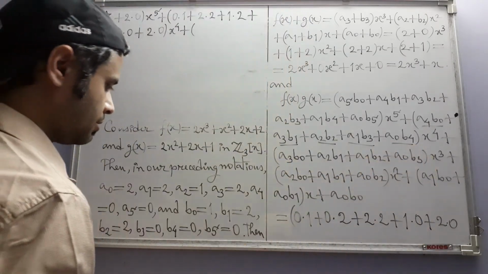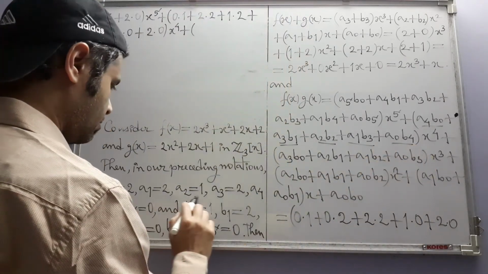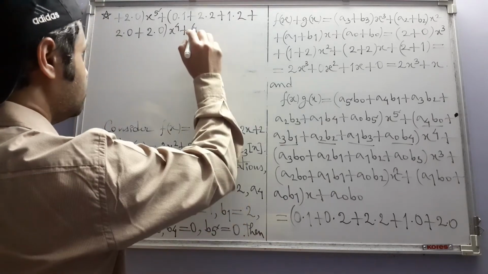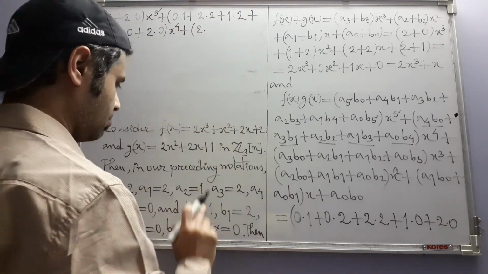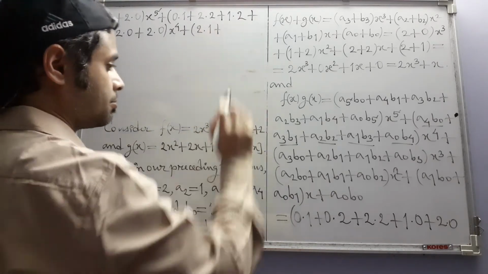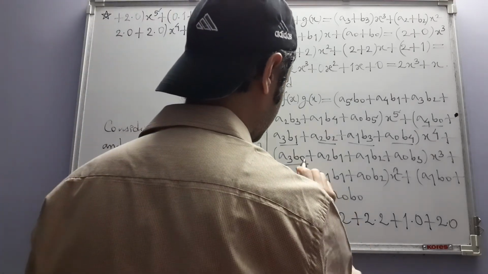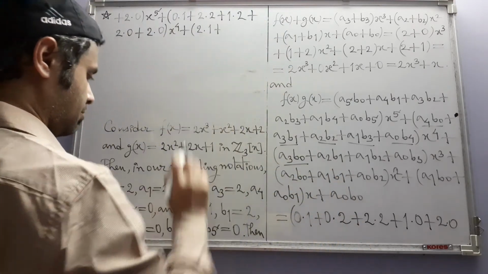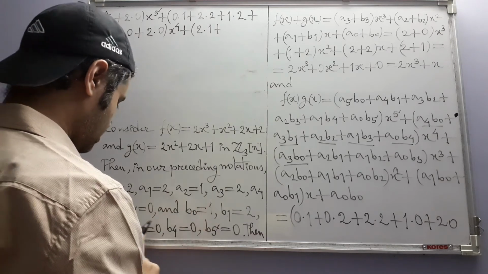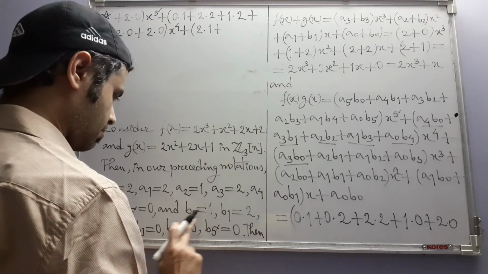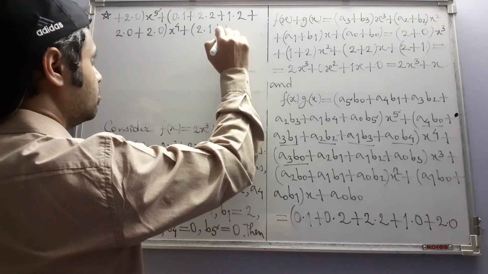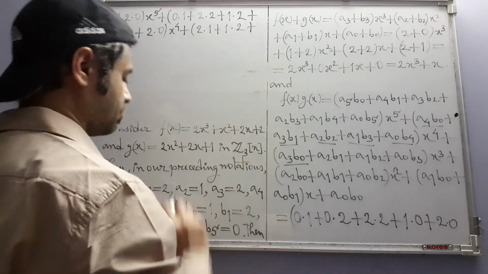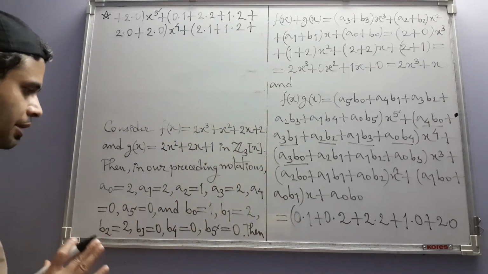Then x cube, a3 b naught, a3 is 2, b naught is 1, a2 b1, a2 is 1, b1 is 2. I hope I have not made any mistake.